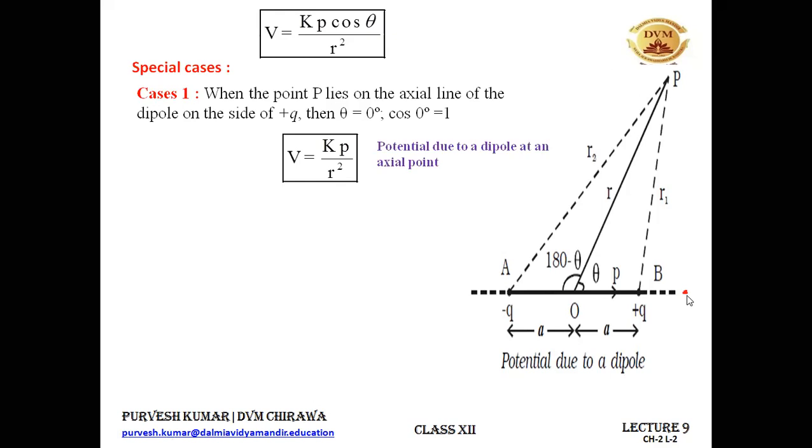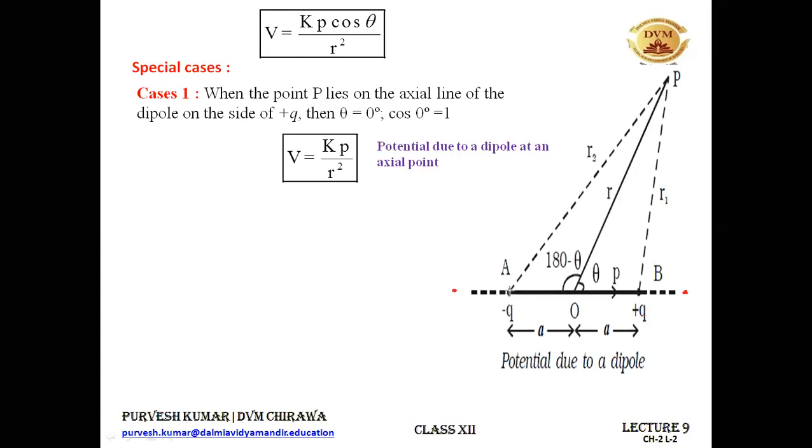Now, what if this point P is towards the negative side, towards the charge which has negative magnitude? This point P can also be lying over here. In that case, theta becomes 180 degree.